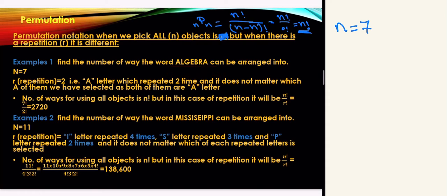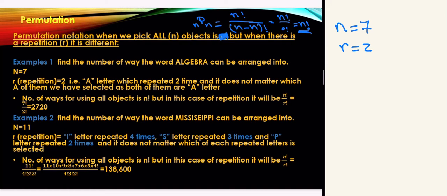Repetition means I'll use the notation R for the repetition. How many repetitions do I have? 2 repetitions. A has been repeated twice. So R equals 2. Is it one letter or 2 letters? Here it matters. If I have one letter repeated, I have to write how many times it is repeated.